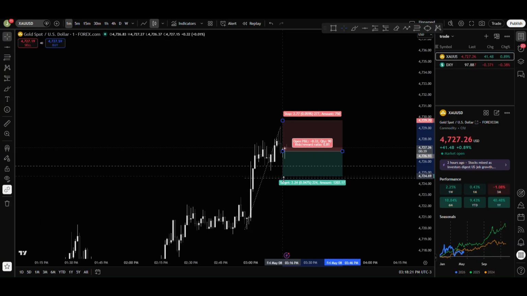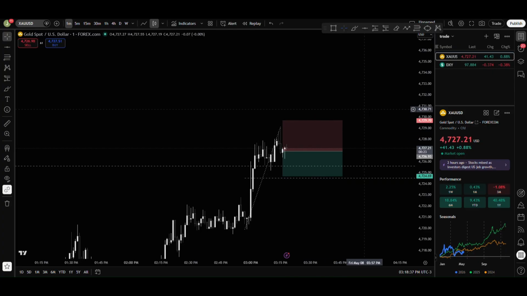Yeah, honestly, gonna pull that to about a 0.8. Not really too worried about the RR. I think it's a decent probability setup.